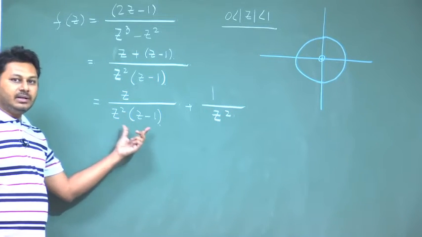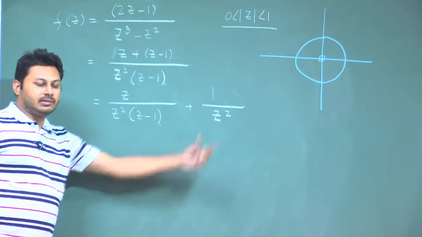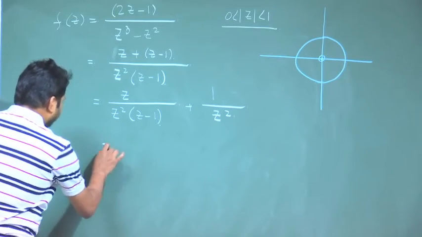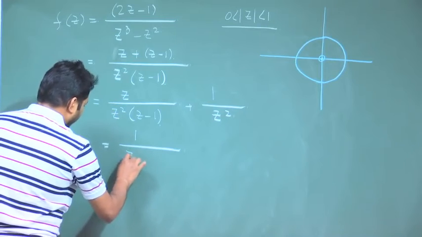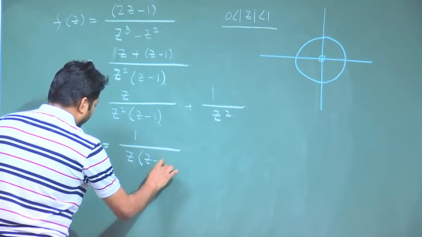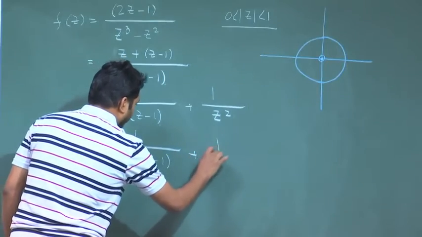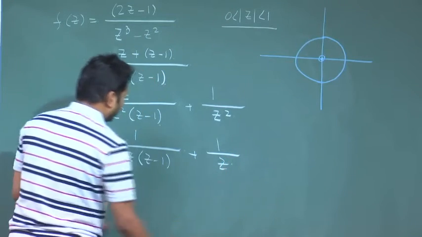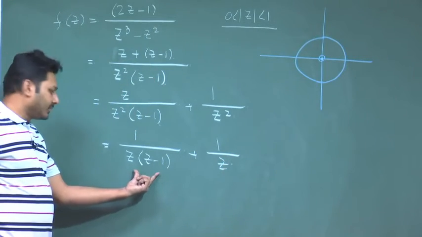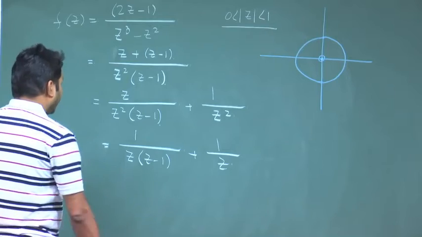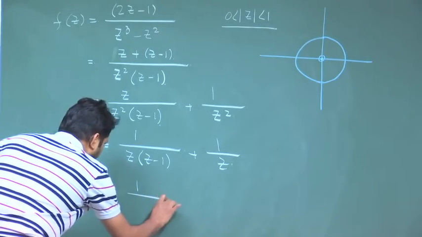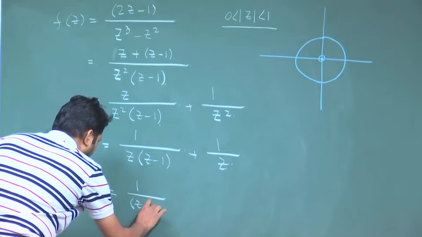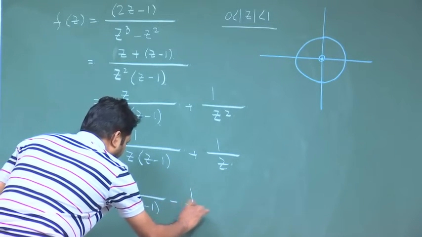Now 1 divided by (z minus 1) plus 1 by z, I have two terms, but this term I can simplify, and it will look like 1 divided by (z minus 1) minus 1 by z.